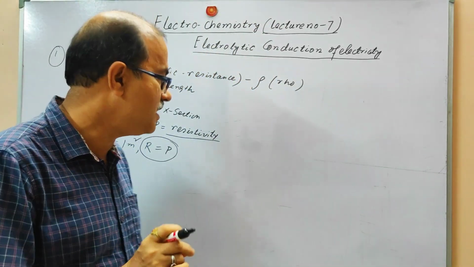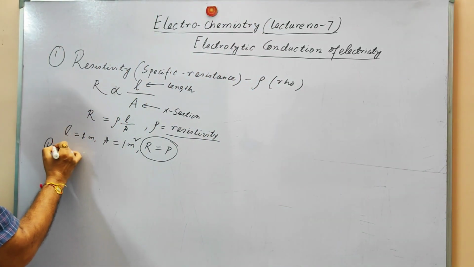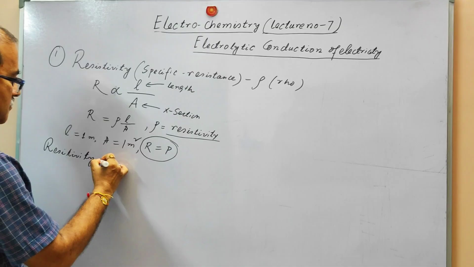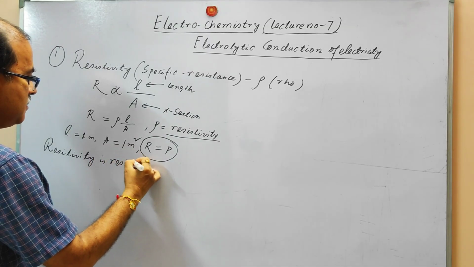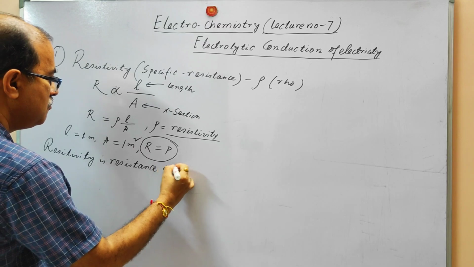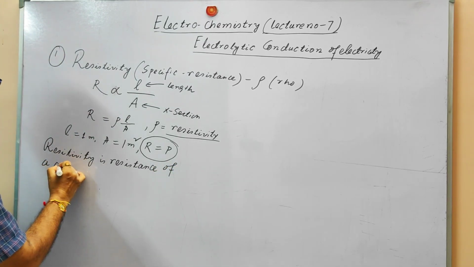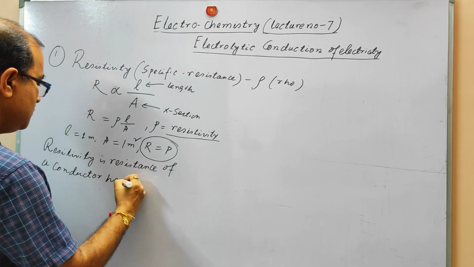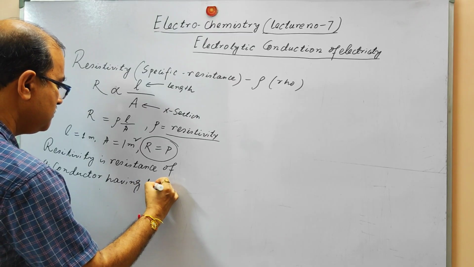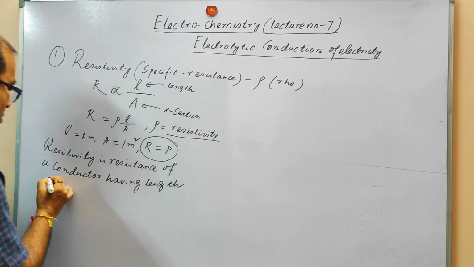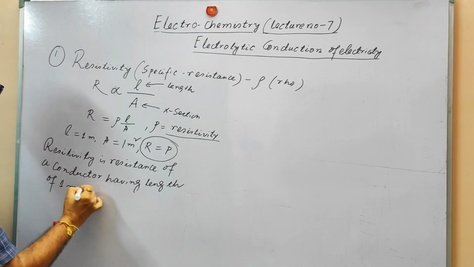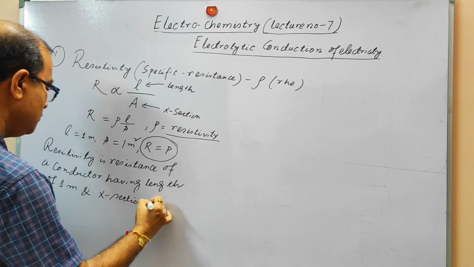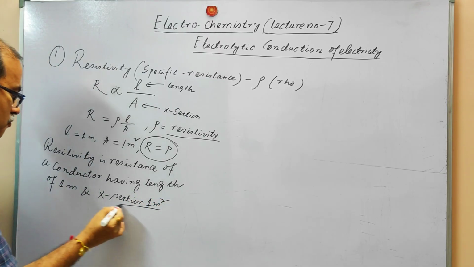Resistivity is the resistance of a conductor having length of 1 meter and cross section of 1 meter square.